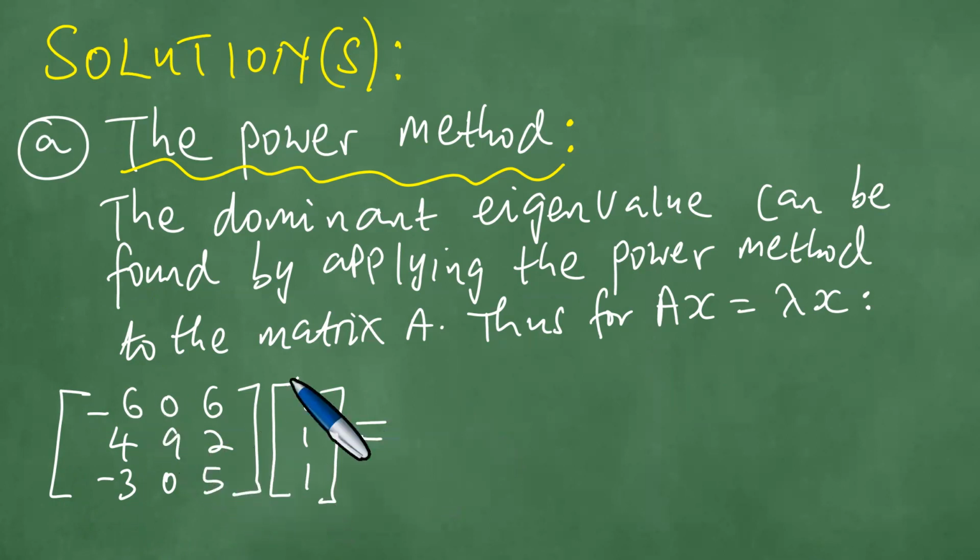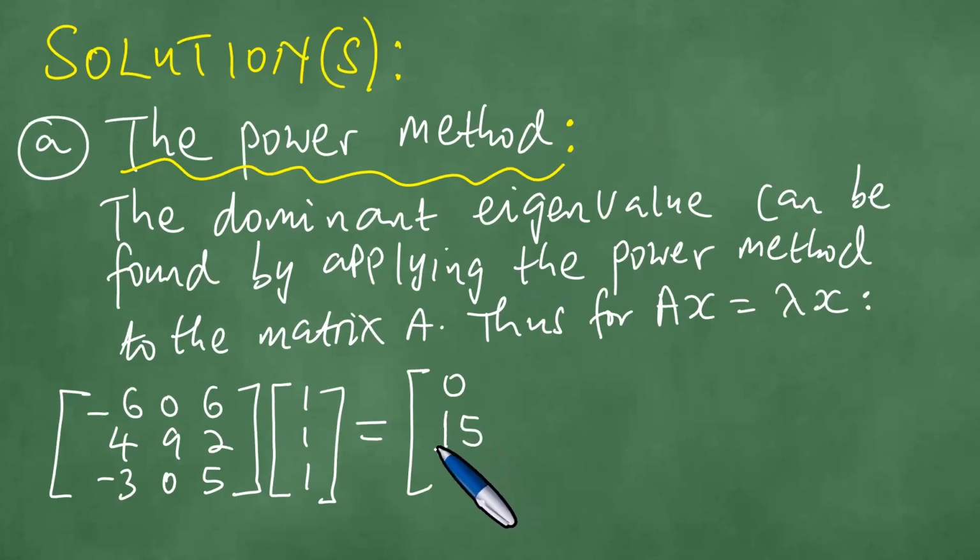If you multiply this row by this column, that's minus 6 plus 6, which is exactly 0. Minus 6 by 1 is minus 6, 0 by 1 is 0, and 6 by 1 is 6, so 6 minus 6 gives us the 0 entry. Row by column multiplication yields 4 by 1, which is 4, plus 9 by 1, which is 9, giving us 13, plus 2, which is exactly 15.